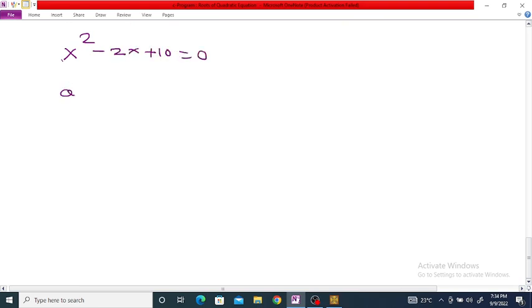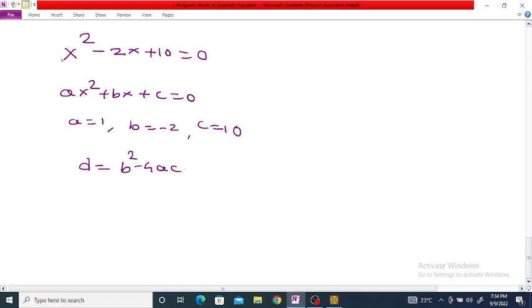If you compare with ax square plus bx plus c equal to 0, then a is equal to 1, b is equal to minus 2, and c is equal to 10. The discriminant b square minus 4ac is 4 minus 40, which is equal to minus 36, which is less than 0.